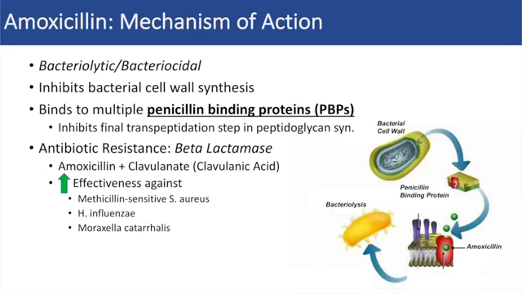Because amoxicillin already has some antibiotic properties against strep types of bacteria, amoxiclav is regularly used during otitis media, or middle ear infection. If it's a bacterial cause, otitis media is most likely caused by either H. influenzae, Moraxella catarrhalis, or Streptococcus. So that's why we can use amoxiclav during an otitis media infection.